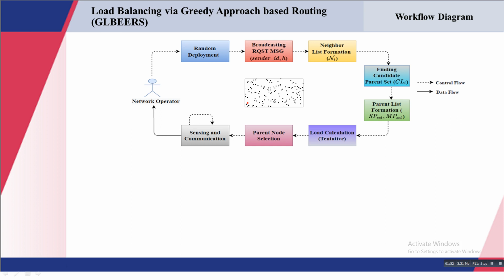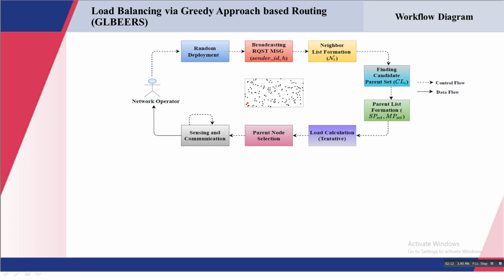As we move away from the sink node, the nodes which are in direct communication range of the sink node will have hop count 1, and after that this request message is further broadcast to cover the whole network area.